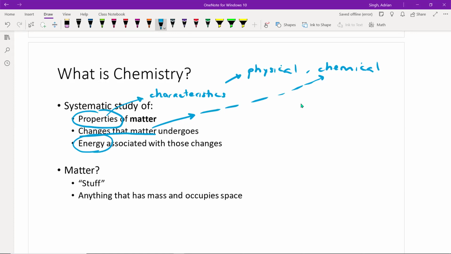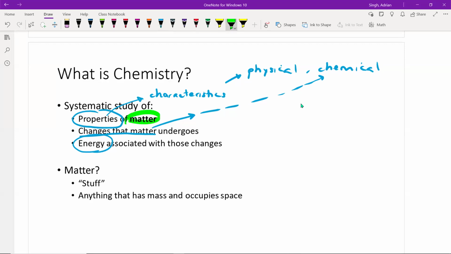And in our class, we will take a look at some of those energy changes a little bit later on in the semester. If you go on to General Chemistry 2, you'll focus a little bit more on that and do a lot more calculations involving energies. So we define chemistry as the systematic study of the properties of matter.